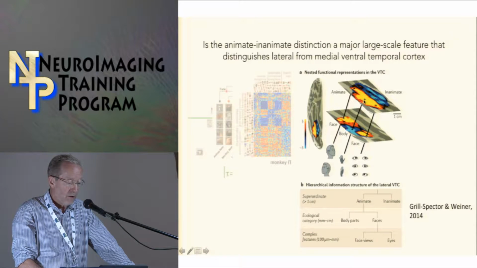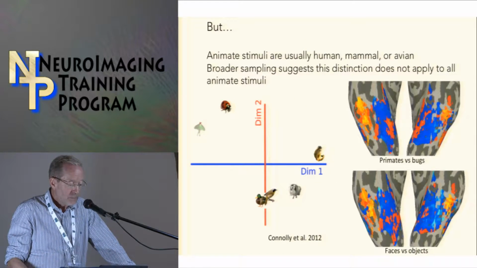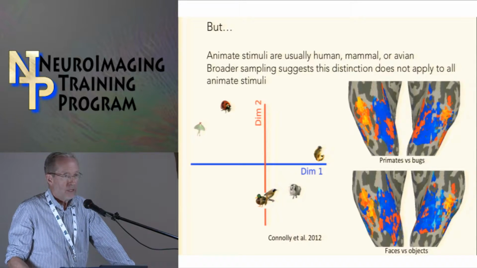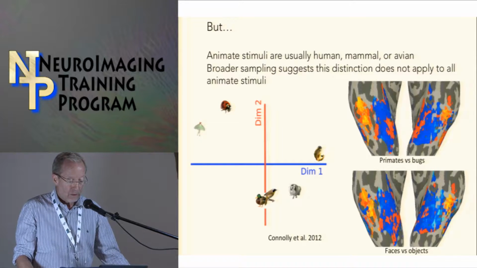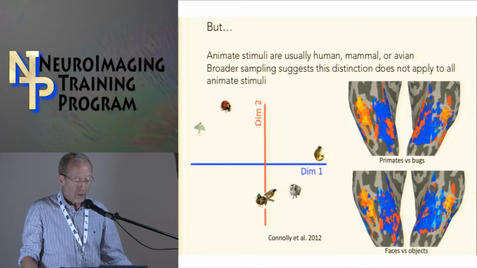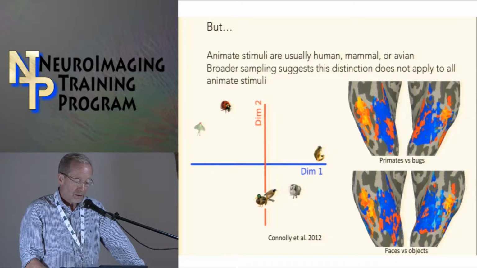Animate being lateral, inanimate being more medial, and then you have representation of faces, body parts, eyes, and things like that nested within the animate domain. Now, this is a nice story, animate versus inanimate. This is, again, dominant, and if you hear other speakers, they're going to talk about that as a major organizing principle in ventral temporal cortex.